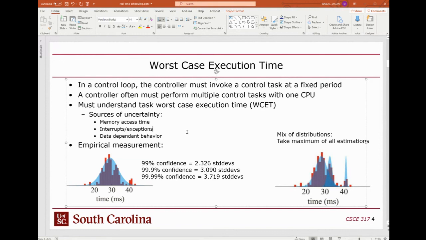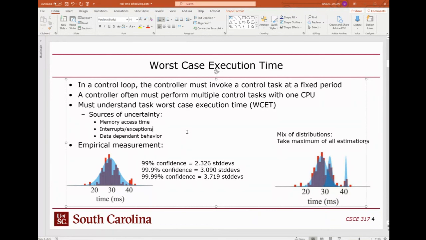But the problem is that you can be reasonably confident, obviously, if it's 99.99%, that you won't miss a deadline. And also, missing a deadline, you're probably not going to miss it enough to destabilize the controller. But you can never be certain.